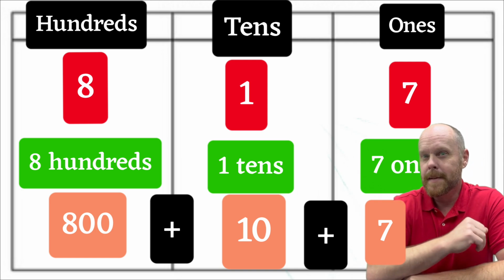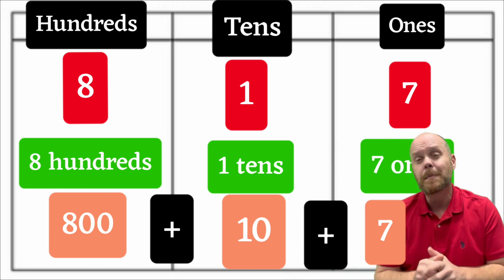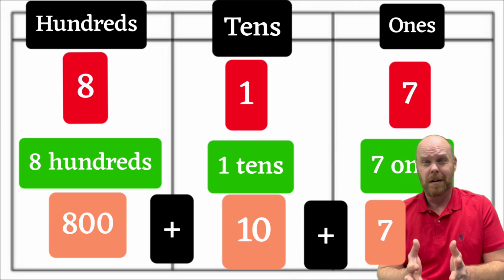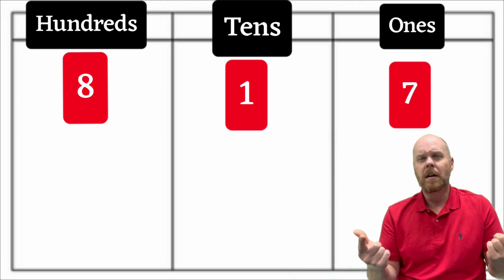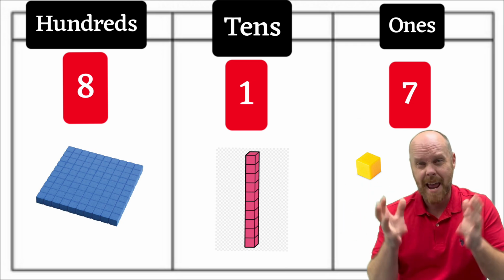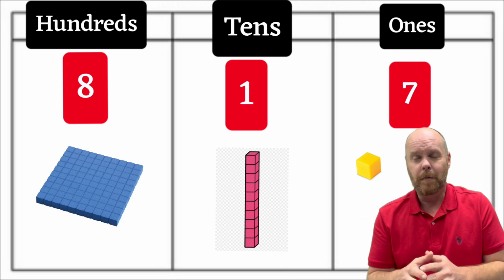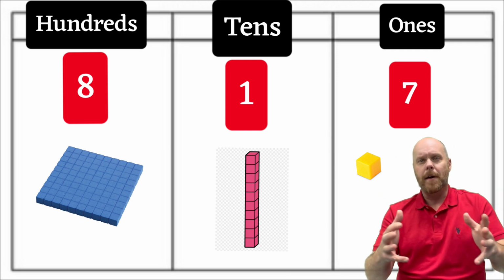Okay? Now, some people have said, well, sometimes my teacher gives me pictures. Sometimes they give me this thing. Well, if you look here, these are place value, and these are base 10 blocks. If you look, we have one that's kind of big. It's a big square.